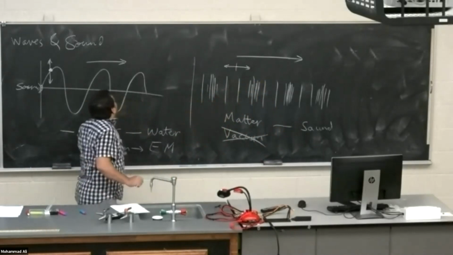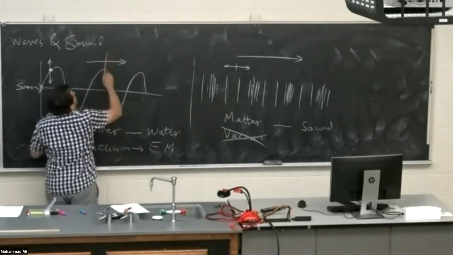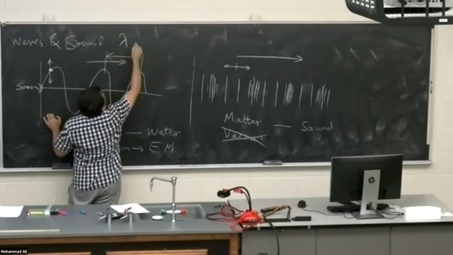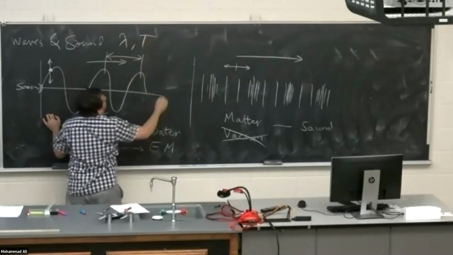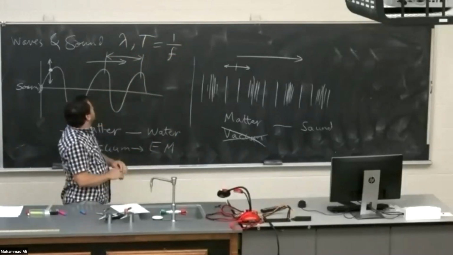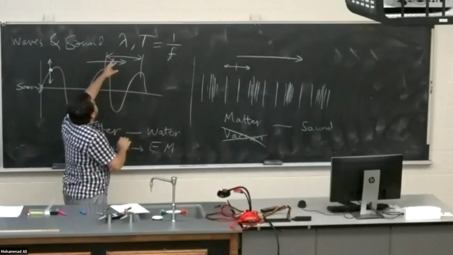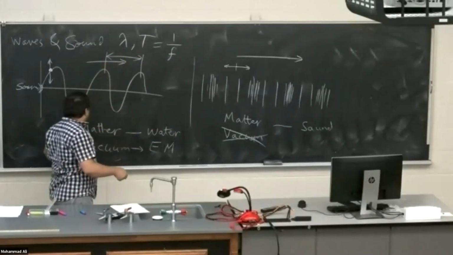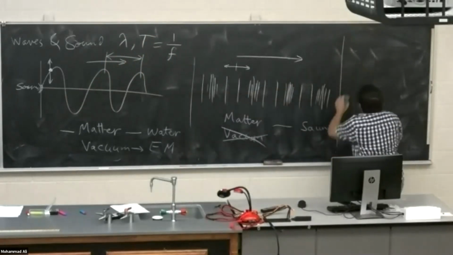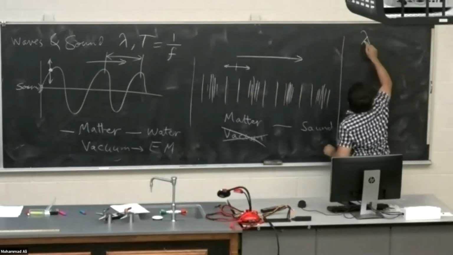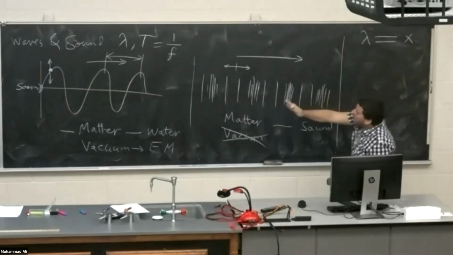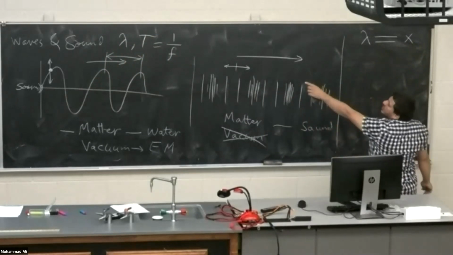Okay. Now, as you know from before, for each wave there is a wavelength, lambda. Also, there is a time period, which is equal to 1 over the frequency. Lambda is a length. We can consider lambda as a length x, a distance from point to point.